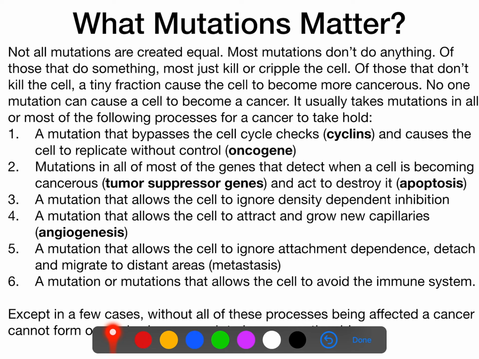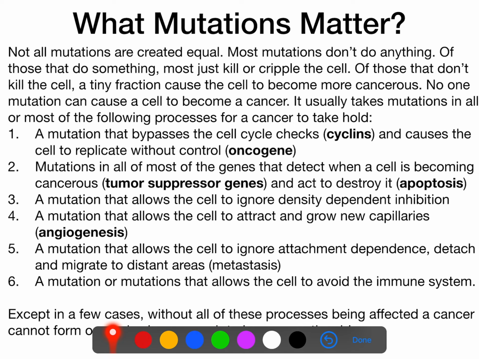Not all mutations are created equal. Most mutations just don't do anything at all. Most of your DNA is what's called junk DNA. It doesn't code for anything in particular. And if a mutation happens there, it's probably not very important. Most mutations that happen in actual genes and important bits of the cell probably happen in an important bit of the cell, and then the cell dies.